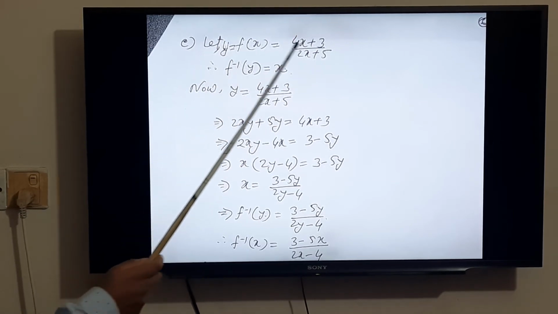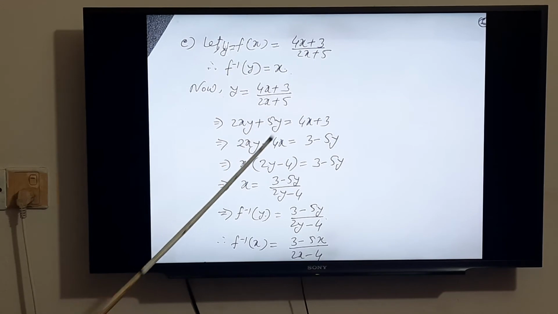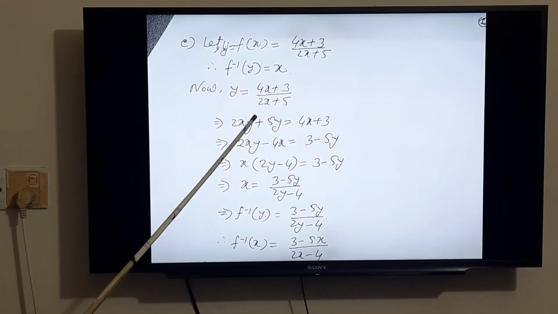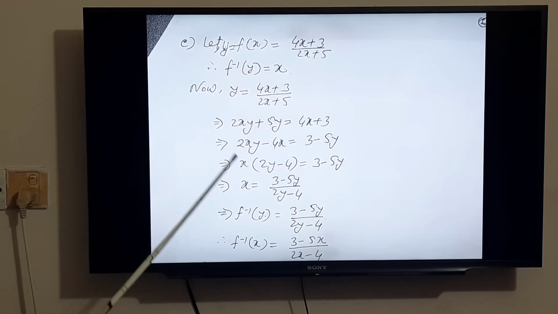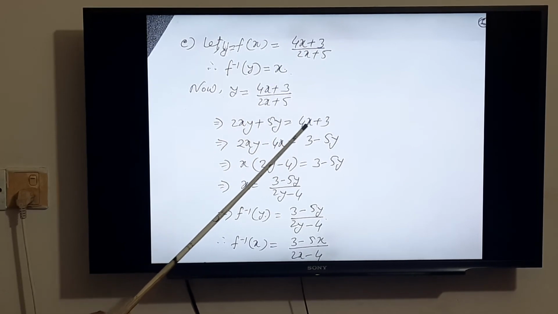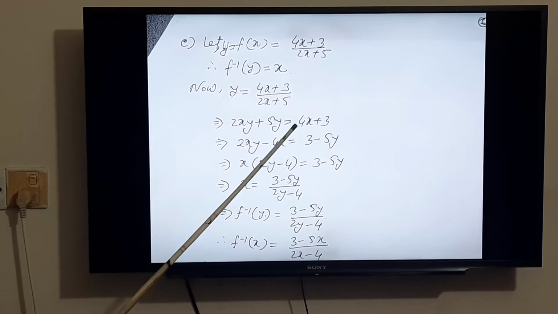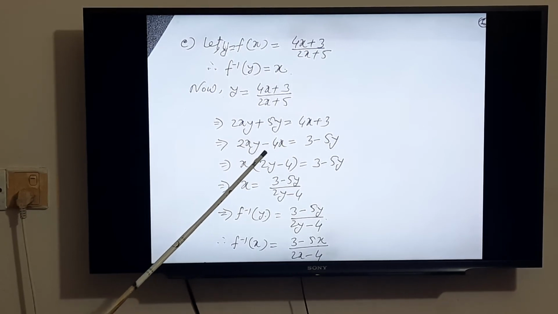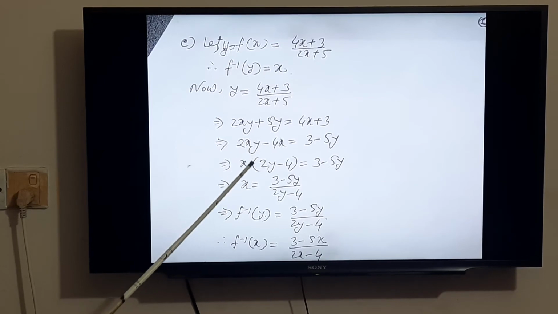So y is equal to this, and we need the value of x. For this, cross multiplying, xy plus 5y is equal to 2x plus 3. So we need the value of x. That's why the terms of x must remain on the left hand side, take x common, then x is equal to this.